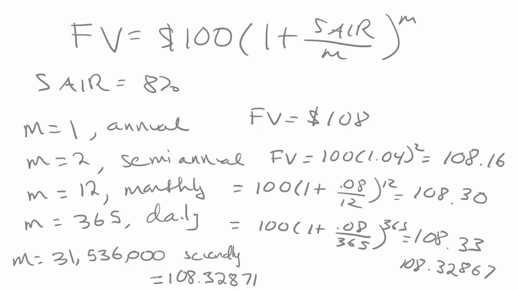Notice, though, that even though these m's are getting pretty high, it's making less and less of a difference. So we can think about a mathematical construct, which is the limit as m goes to infinity. So m equals infinity.